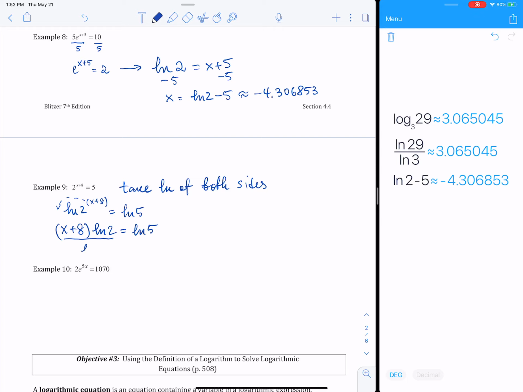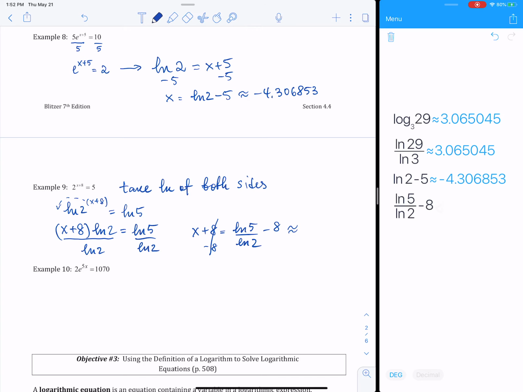Divide by ln of 2 on both sides. x plus 8 is equal to ln of 5 divided by ln of 2. And finally subtract 8 from both sides to get the answer. x is ln of 5 divided by ln of 2 minus 8, which can be calculated. The result is negative 5.678072.